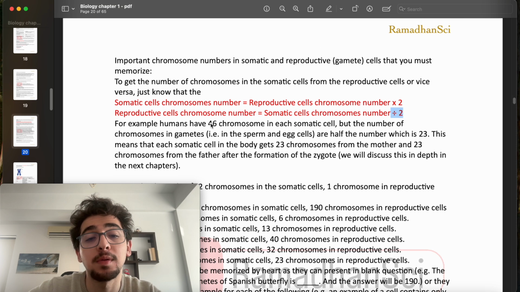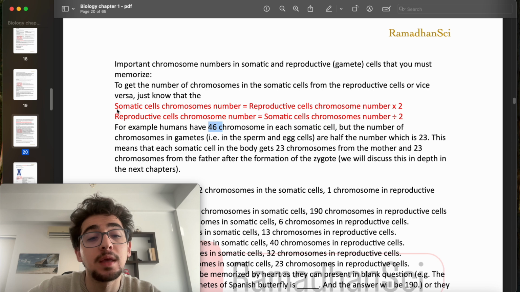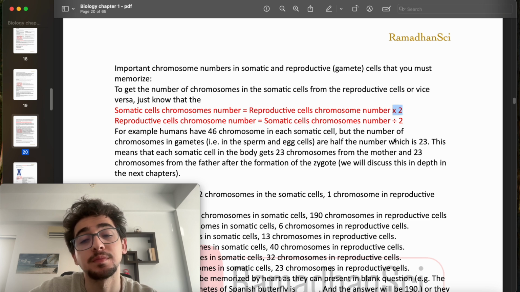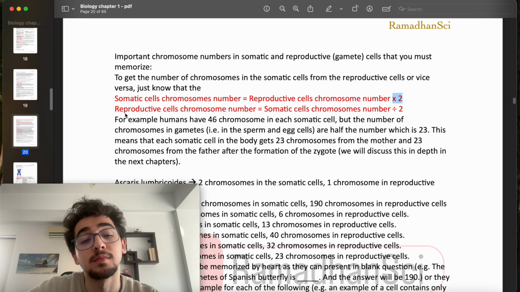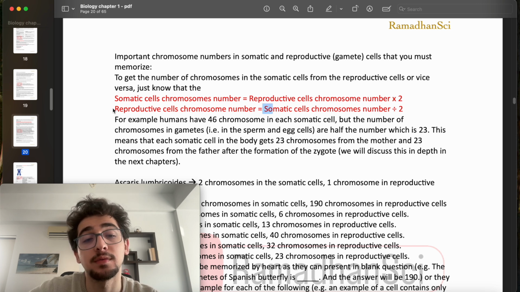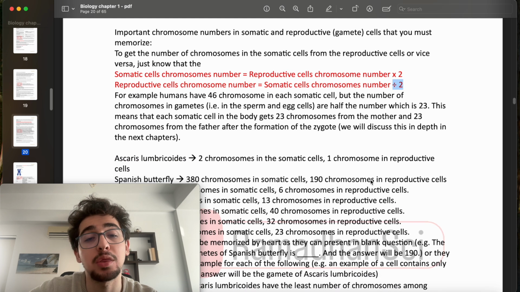The simplest example is humans, 46. If they give you the reproductive cells having 23, just multiply it by 2, and it will equal 46. Or the opposite, they can just give you 46 in the somatic, and they want the reproductive, just divide it by 2, and it will equal 23.